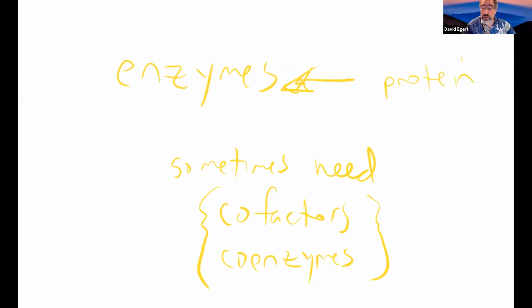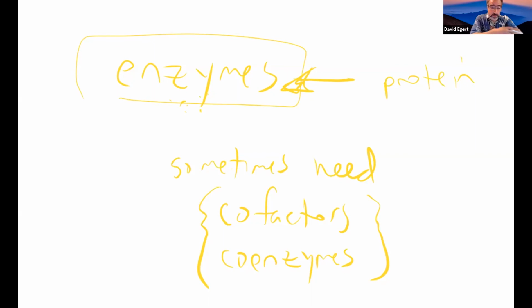Like a vitamin, when you think of what is a vitamin, vitamins are often just things you need to get from your diet that work together with the enzymes to help run their reactions. We'll talk about this in more detail later, but sometimes enzymes need an additional molecule in order to be fully functional.